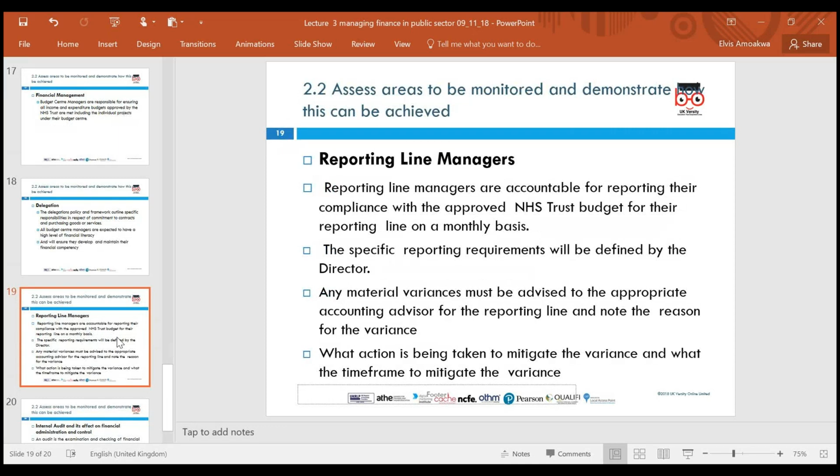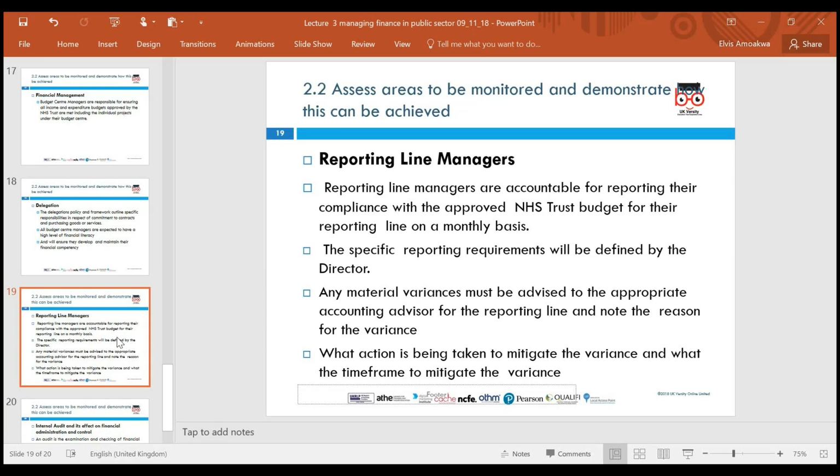Let's look at reporting line managers. Reporting line managers are accountable for reporting their compliance with the approved NHS trust budget for their reporting line on a monthly basis. So all line managers will need to make sure that they comply and that they are accountable on a monthly basis.